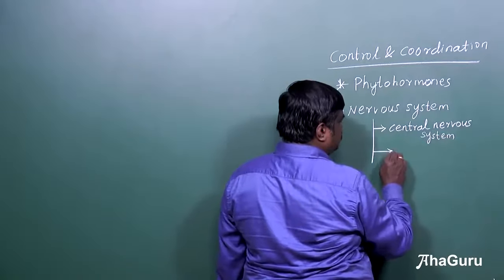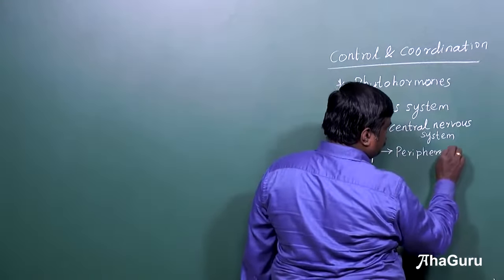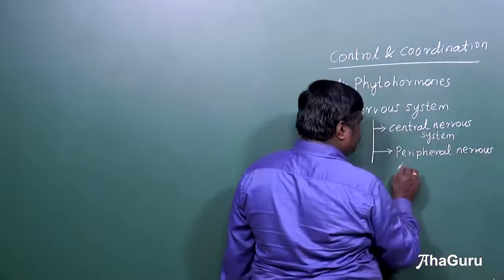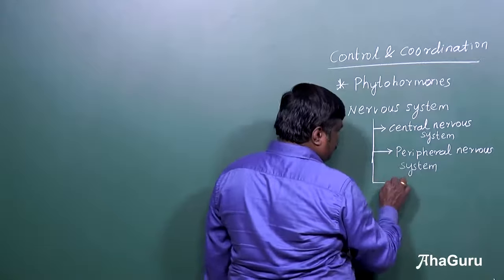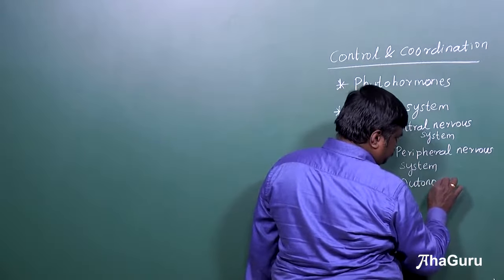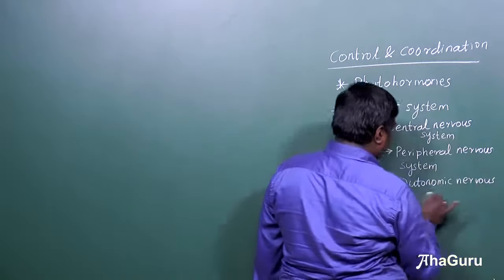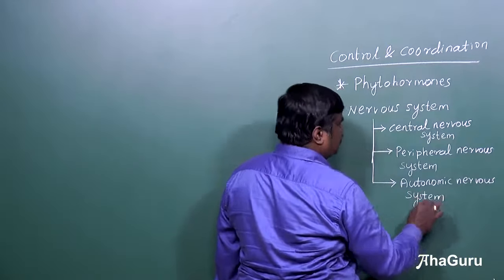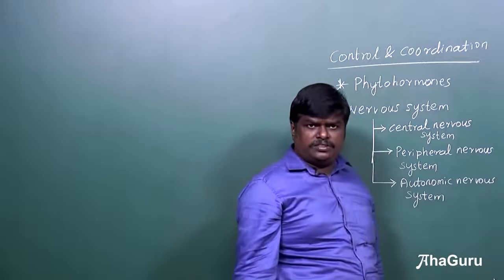The next one is the peripheral nervous system. The next one is the autonomic nervous system.